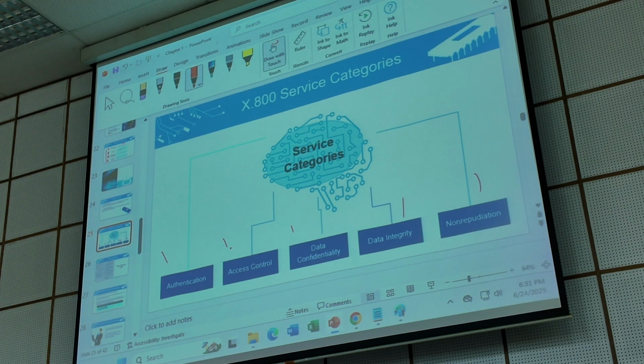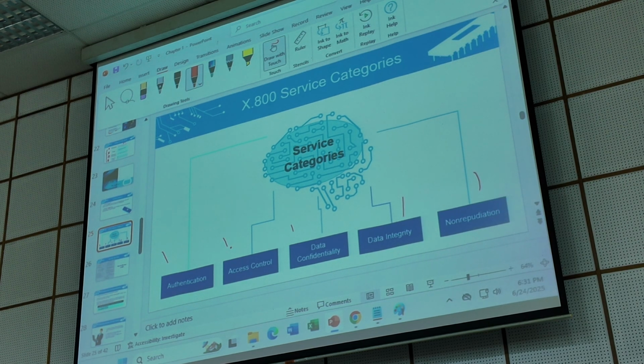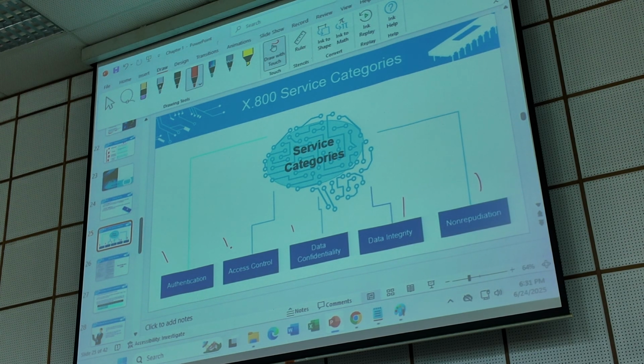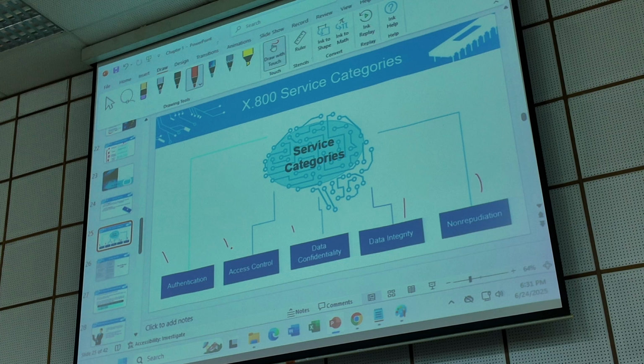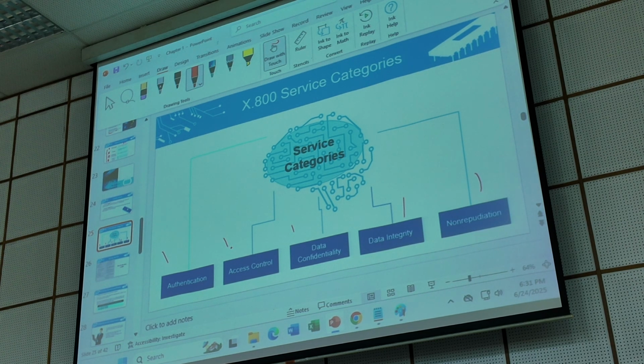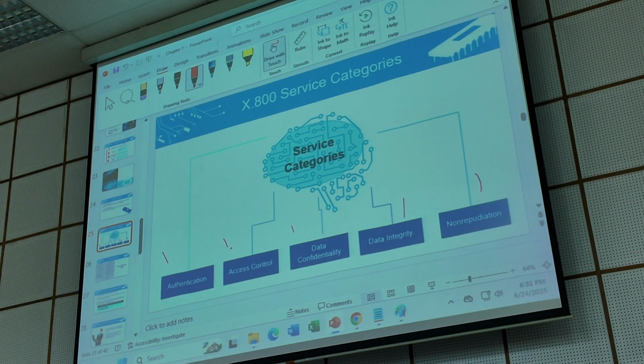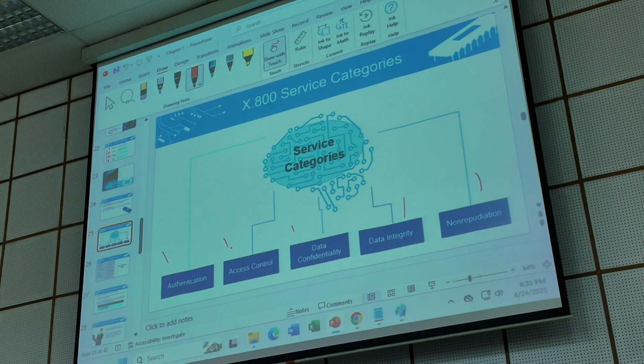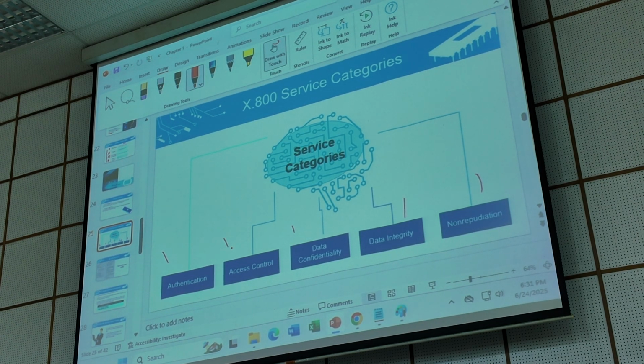What is authentication? When you say you are person A, how do I prove that you are person A? When you say you are person A and you come to sit for the exam, how do I prove it? I will check your ID and so on, right? So in the system, how do I prove that you are person A? I can use multiple mechanisms.